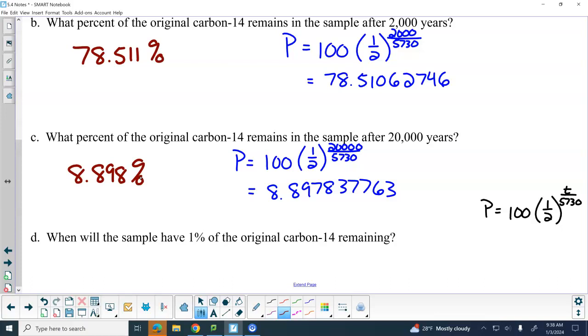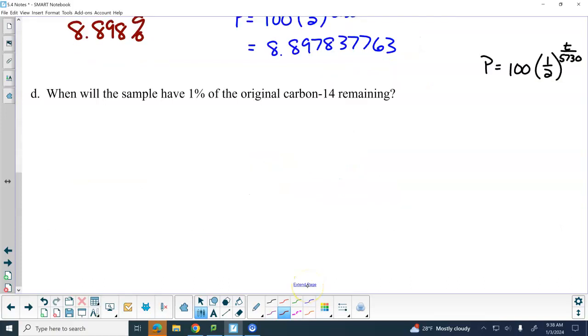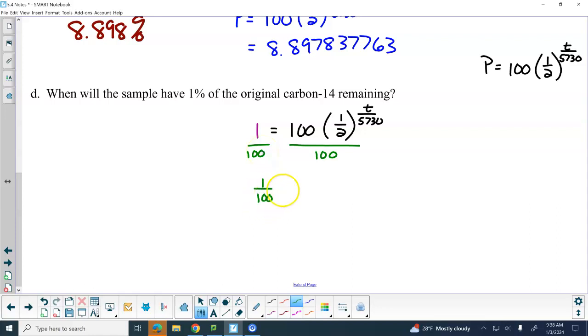Then, on this one, we've got P now is going to equal 100 times 1/2 to the T over 5,730 power. So I need to first divide by 100. So that's going to give me 1 over 100 equals 1/2 to the T over 5,730 power.